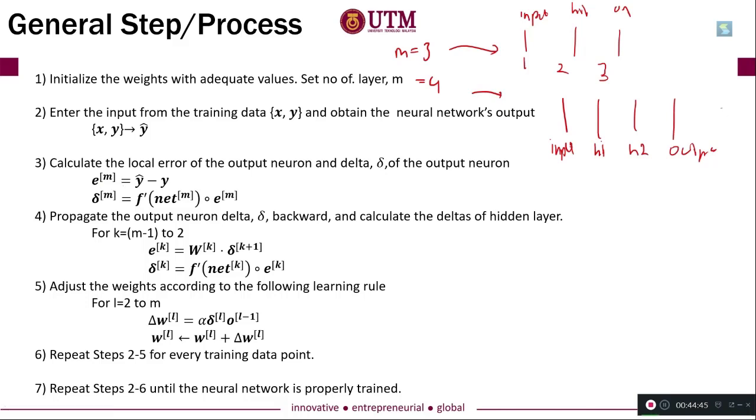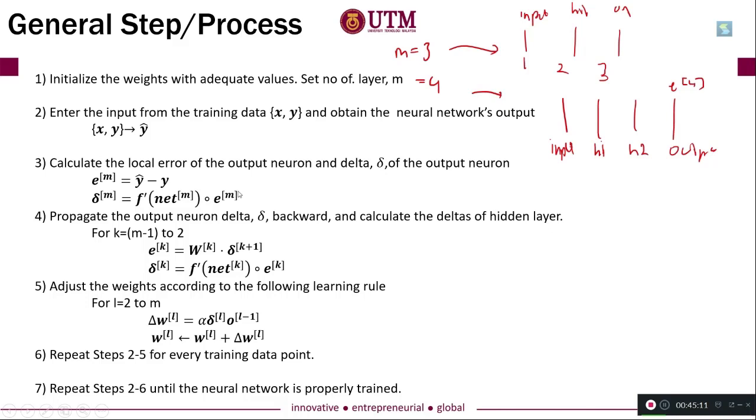Again, this is your E4 at this part. It belongs to the local error which happens at the output layer. And then this is also the definition of delta 4, where for delta 4 you must multiply the F apostrophe with your E at the output layer.